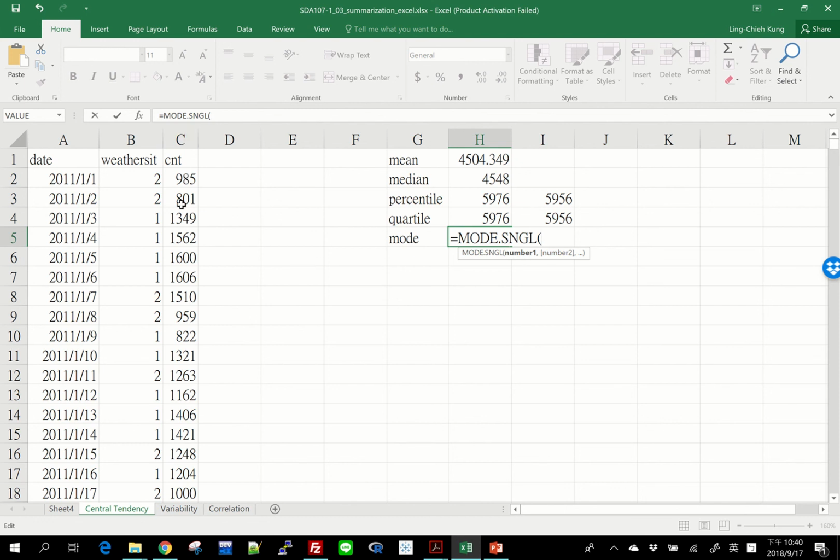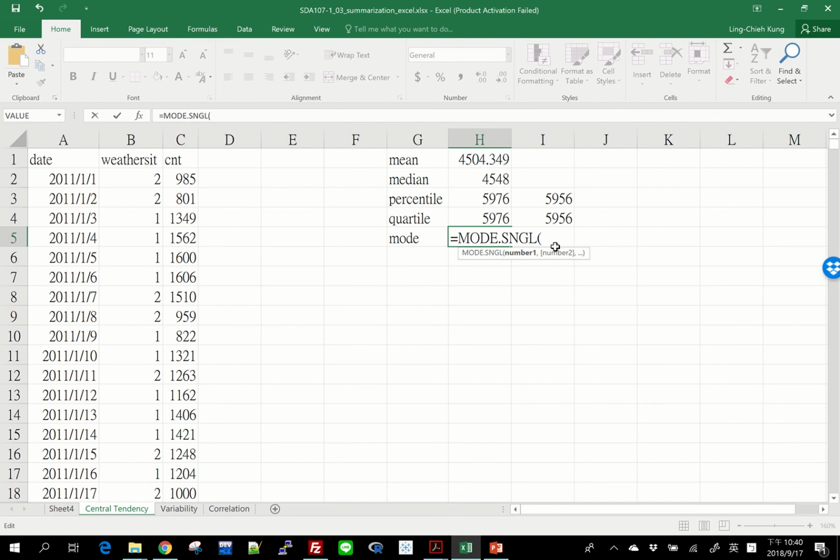For numerical values like CNT, basically we are talking about modal classes. But for categorical values like weather situation, we are really talking about the pure definition of mode, the value that occurs the most. And for Excel, this function only applies to categorical values. So you should not apply it to CNT.